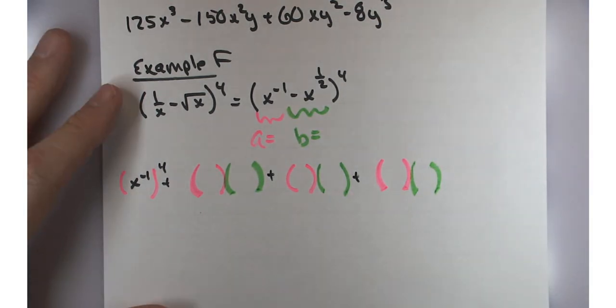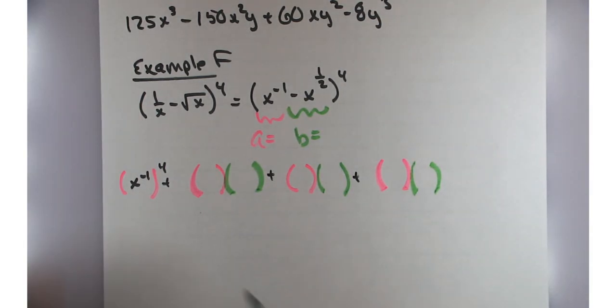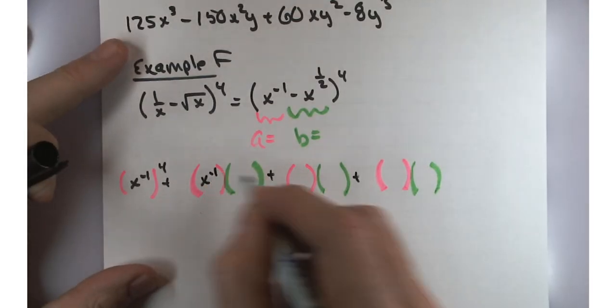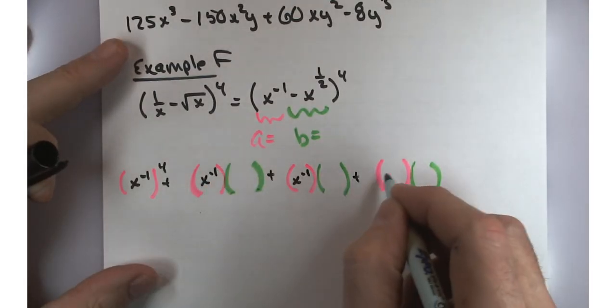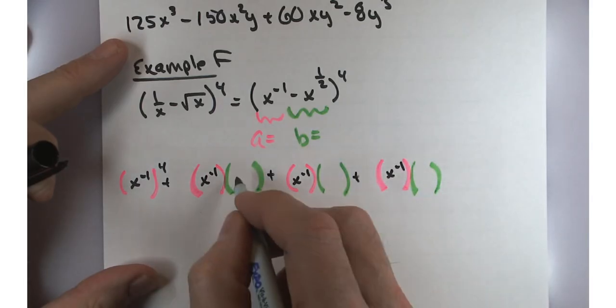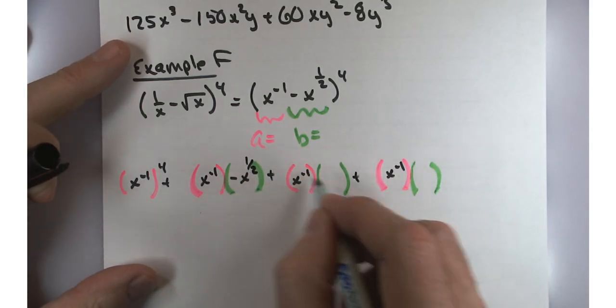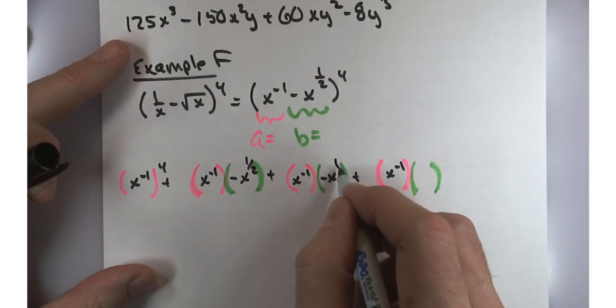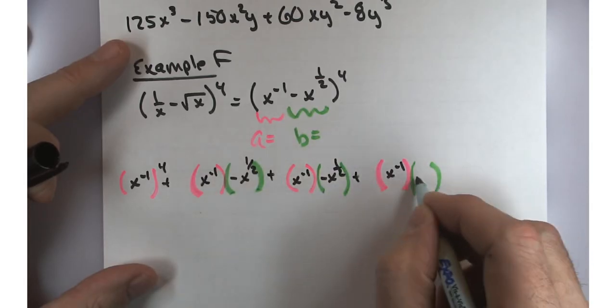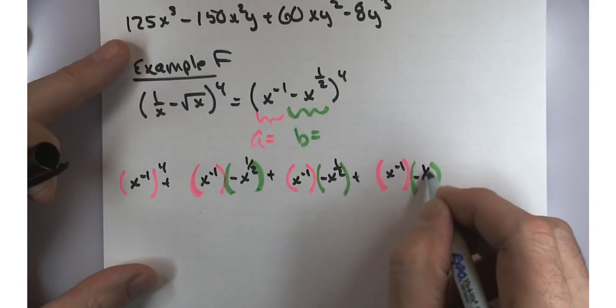And let's just put in a few things here. X negative first, x negative first, x negative first, minus x to the 1/2, minus x to the 1/2, minus x to the 1/2.